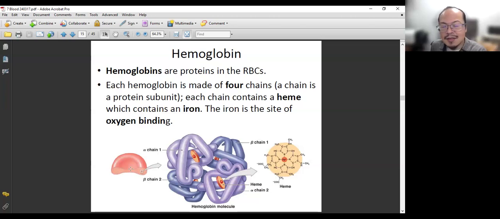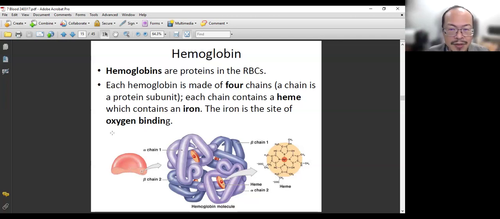This protein comes from gene expression, DNA to RNA, RNA to protein. We talked about that in our earlier lecture. These cells gradually become red blood cells. That's their job, to produce a lot. The whole cell is packed with this hemoglobin.